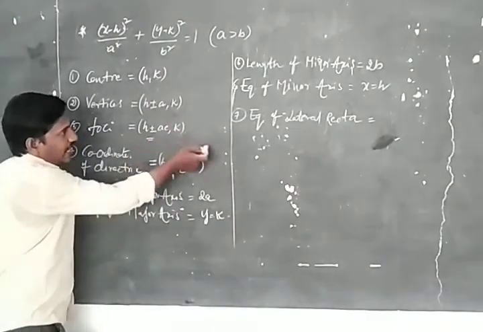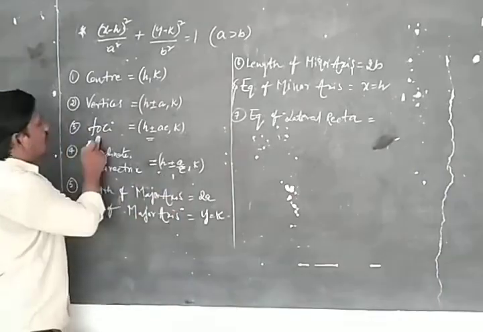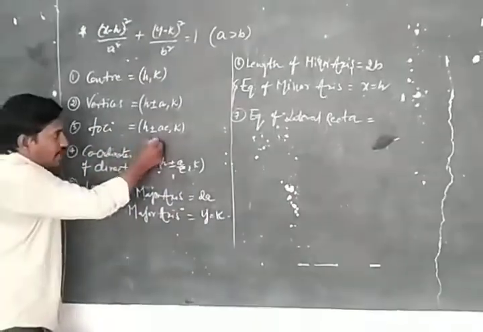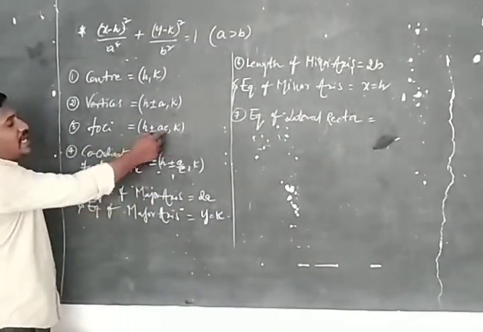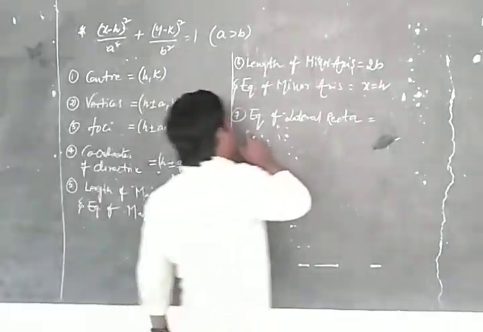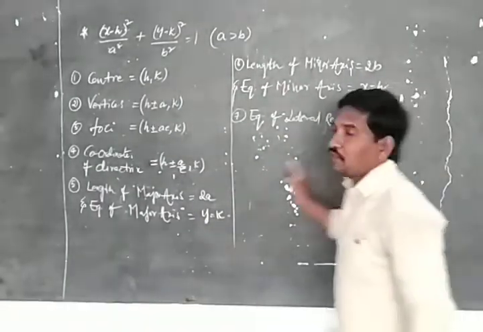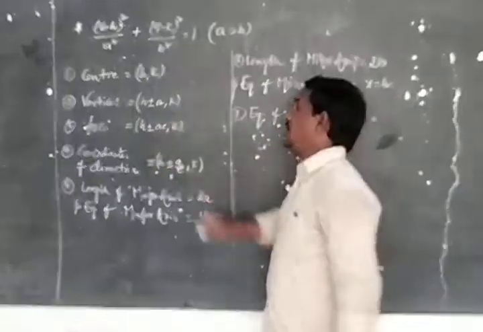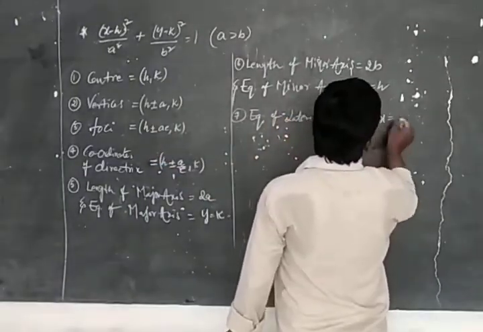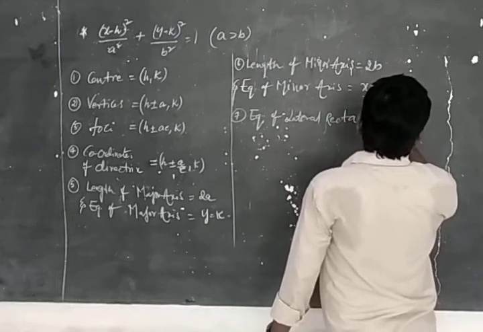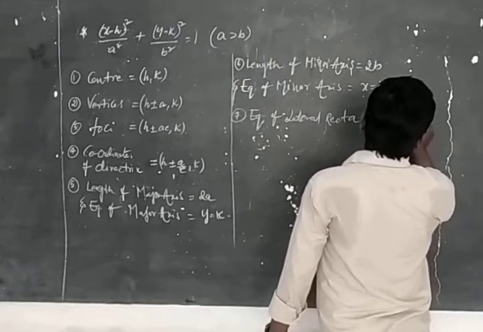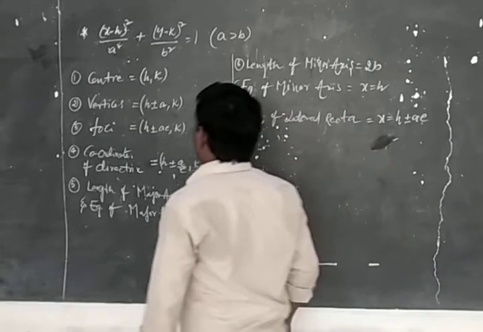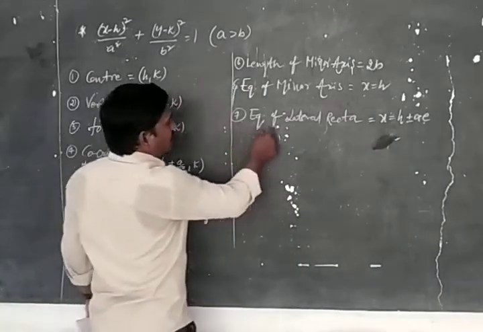So we have to take equation of the lateral recta from foci. What is the x coordinate here? Plus h plus or minus ae. So that's why we have to write equation of the lateral recta. We have to take from the foci h plus or minus ae. So x equal to h plus or minus ae.